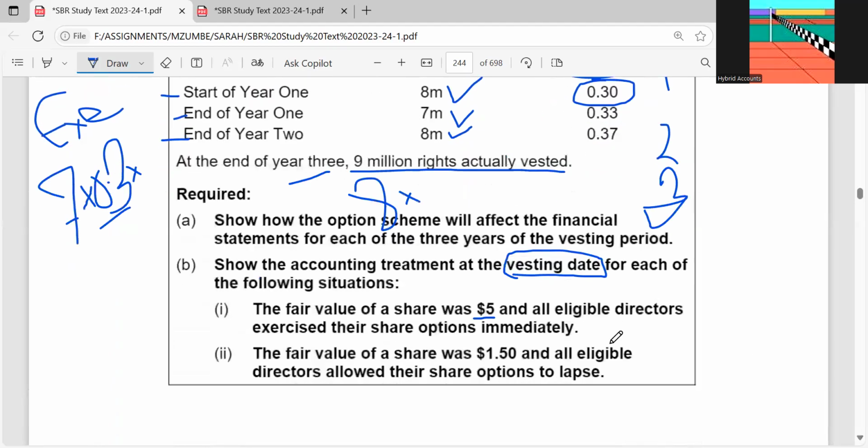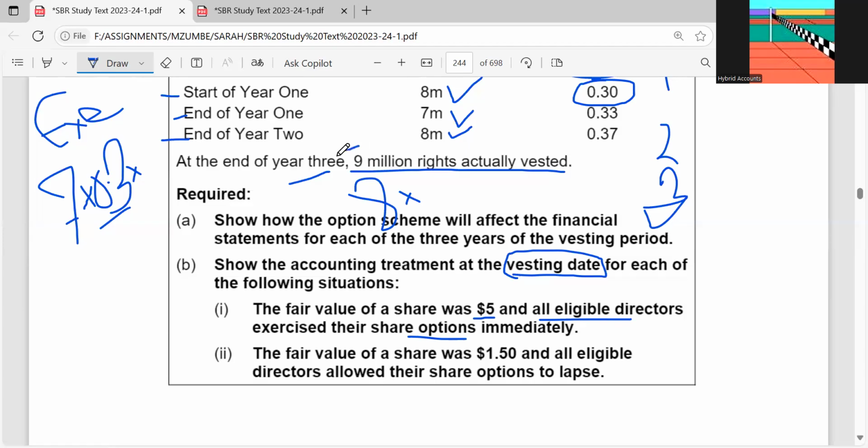That's why they have written here that all eligible directors exercise their share options. Sometimes it may happen that something is in the money and someone may want to exercise, but maybe they just don't have the money, right? But in the exam, if no information is given, you presume that when something is beneficial, the directors would exercise, right? Exercising means paying.